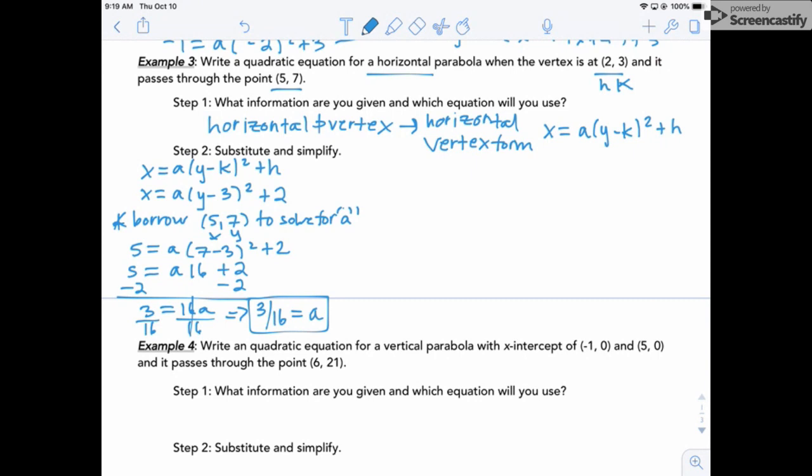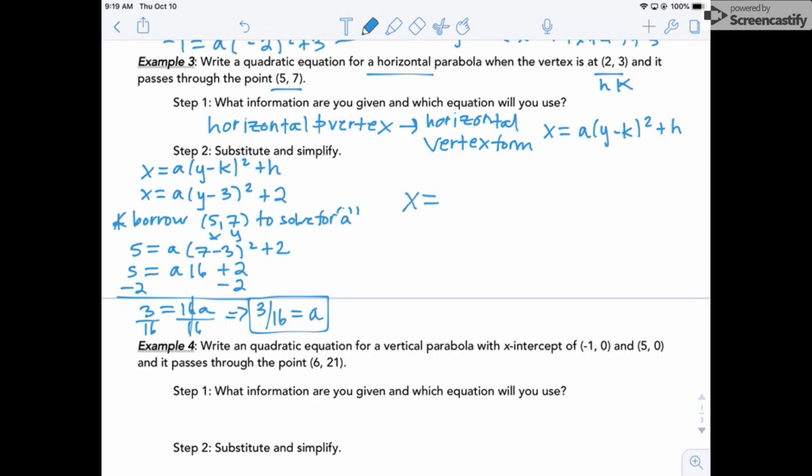We can't really convert a horizontal vertex form into standard form because we're going to end up with y squareds if we do that. Standard form has x squareds. So really, guys, for this one, all we're going to do is plug this a back in and call it a day.